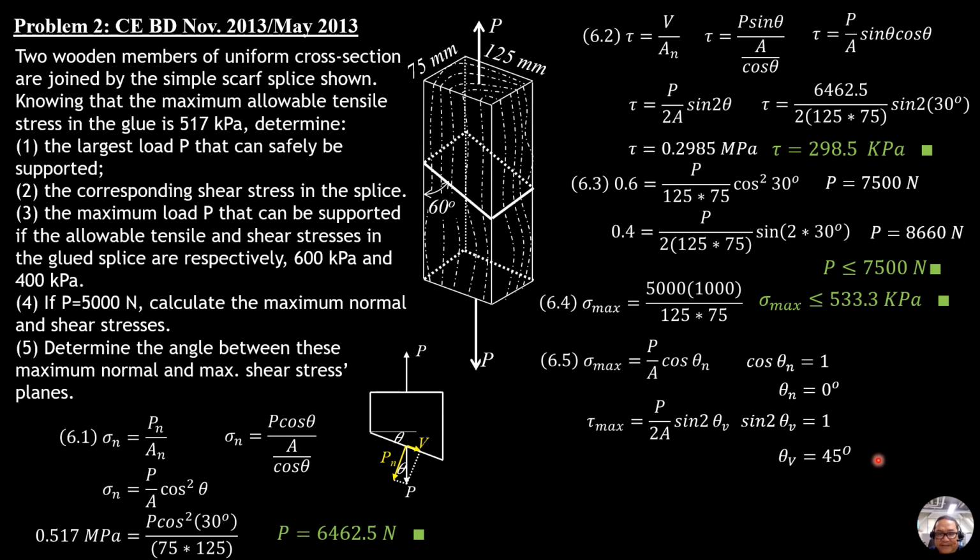Therefore, the angle between planes of maximum normal stress and maximum shear stress is 45 degrees. So theta is 45 degrees.